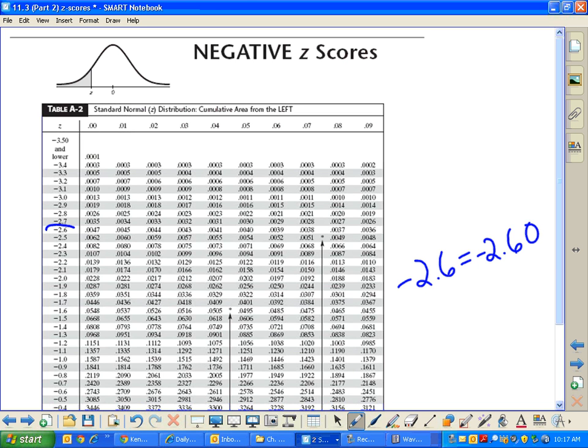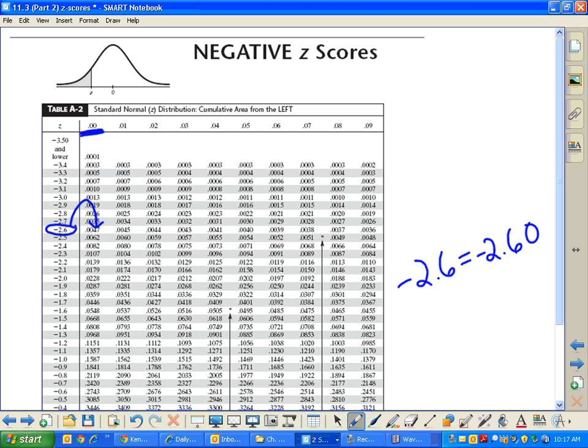Negative 2.6 right there. And because I need negative 2.60, I go over to the 0.00 column. If I needed negative 2.61 as my z-score, I would go out another column. If I needed negative 2.62, I would go out another column. If I needed negative 2.68, I'd go all the way over here. But I just need negative 2.60.